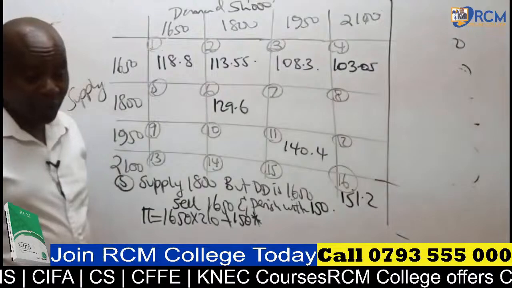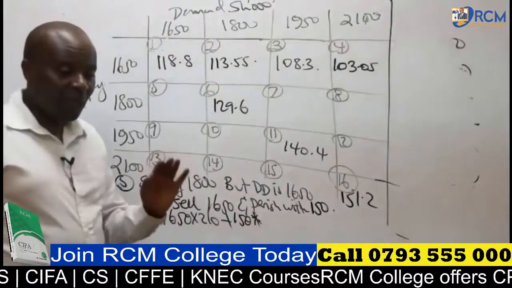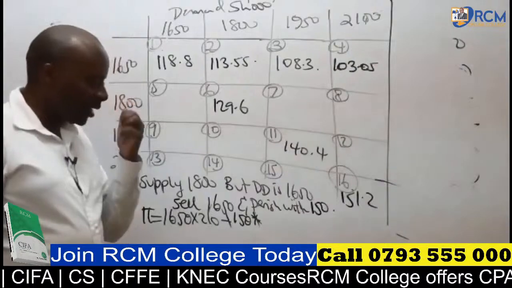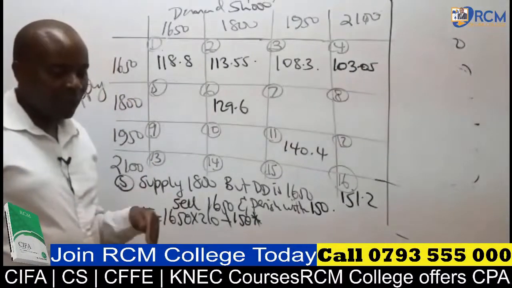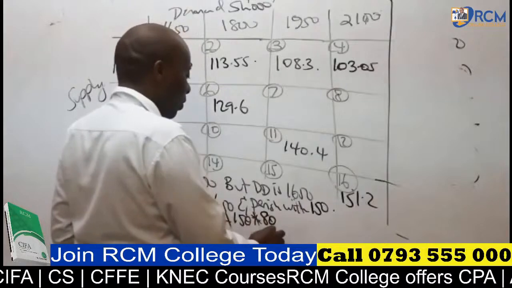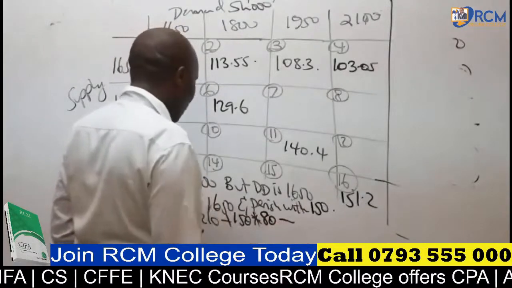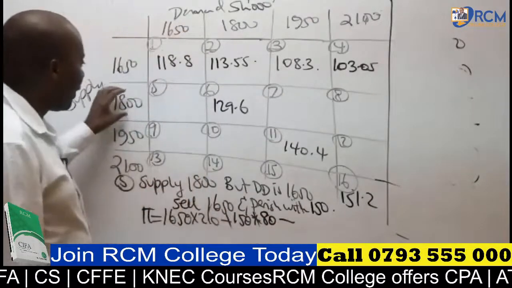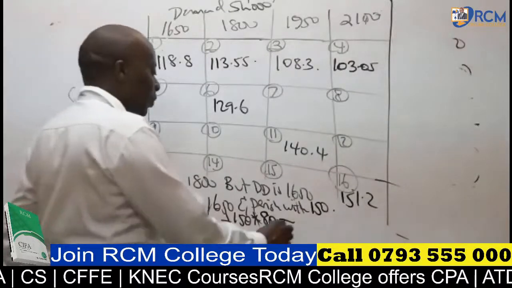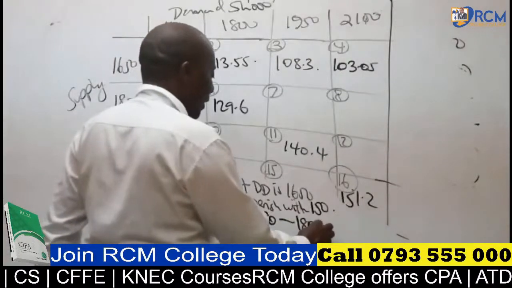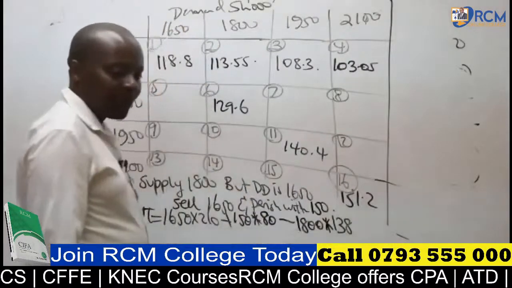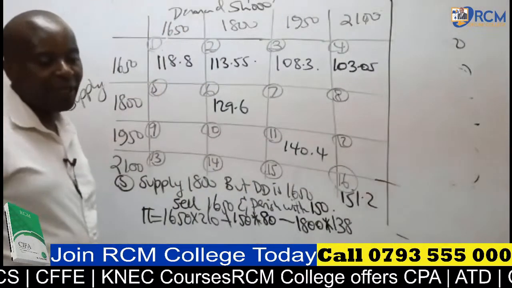They're talking to me. The ones in this case here, once we are not able to sell them, for example, on that particular day, we perish with them, we'll be able to fetch a lower price, 80, I'm being told. So that is revenue. Minus cost, of course, I will incur cost for the entire supply, which is 1800 times 138.